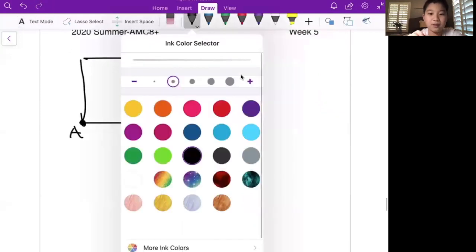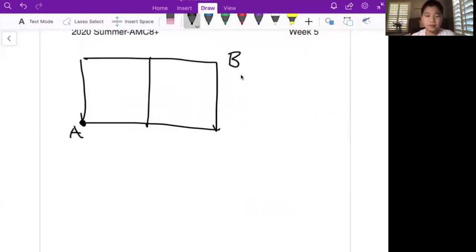Okay. So if they meet, then where can they be? Okay, let's simulate this. So let's suppose Alice goes there, Bob goes there, and then Alice goes there and Bob goes there.